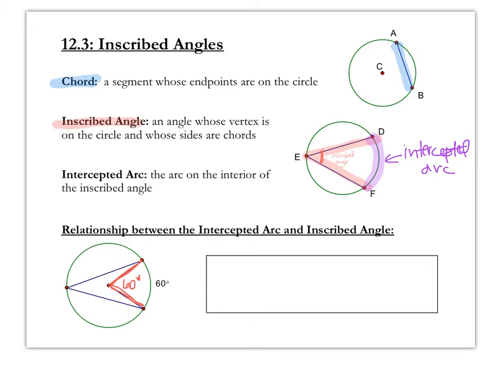But look at what happens with the inscribed angle. If we pull it back farther here, that angle actually gets smaller, and it gets smaller by exactly half. So this ends up being 30 degrees. So the formula is that the inscribed angle is equal to half the intercepted arc.